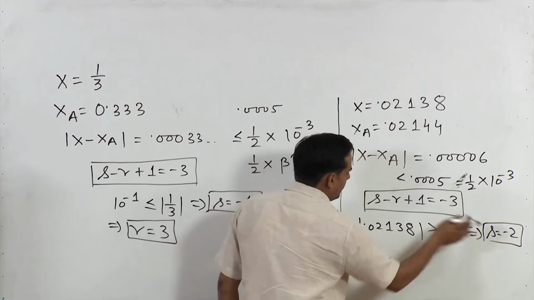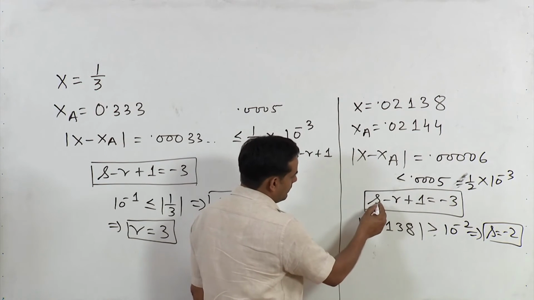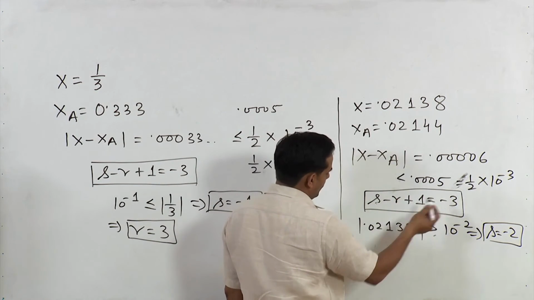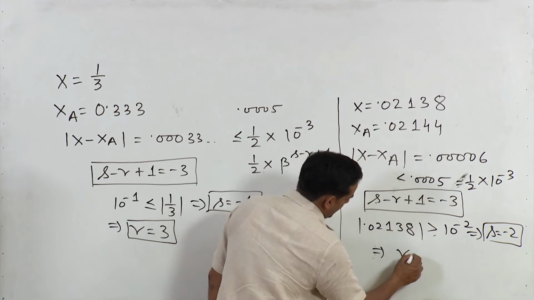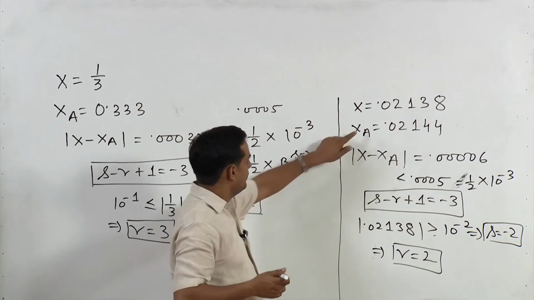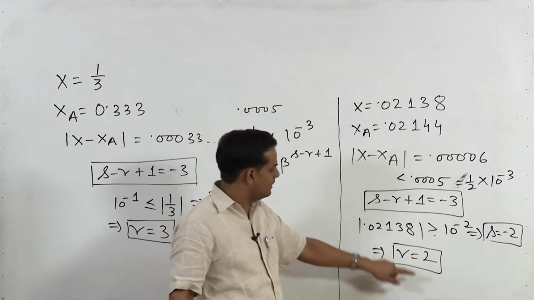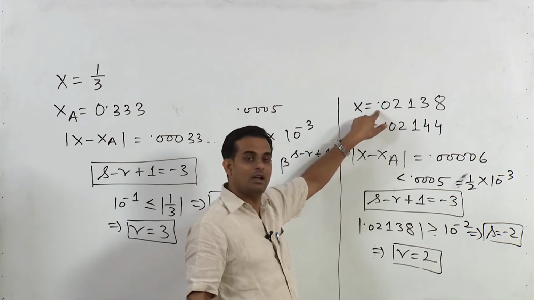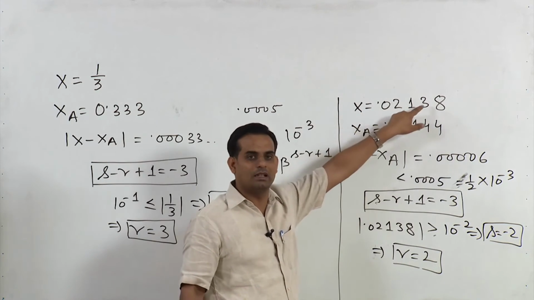Substituting this value of s, minus 2 minus r plus 1 equals minus 3, I got r equals 2. So, this approximation has 2 significant digits with respect to the true value 0.02138.